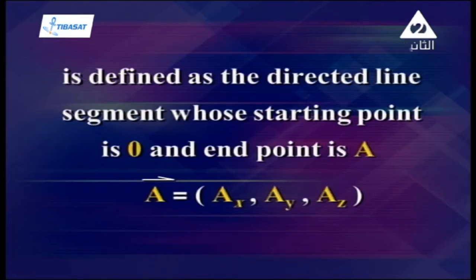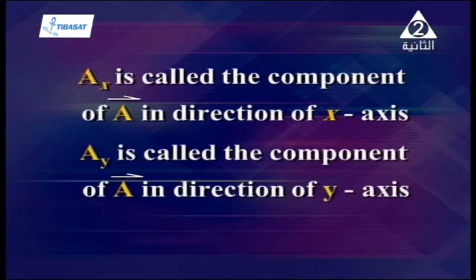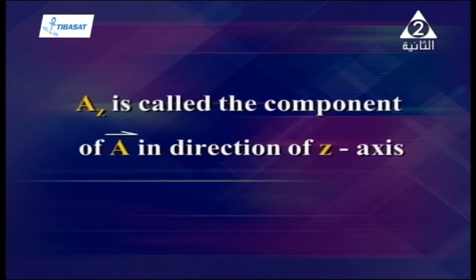Ax is called the component of A in the direction of the x-axis. Ay is called the component of A in the direction of the y-axis. Also, Az is called the component of A in the direction of the z-axis.